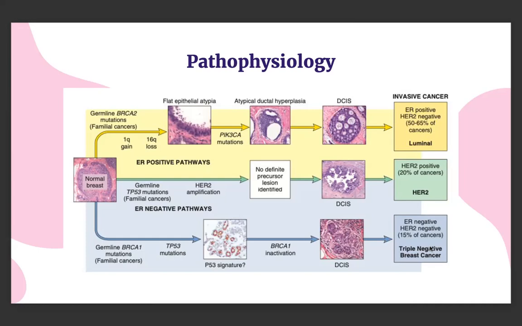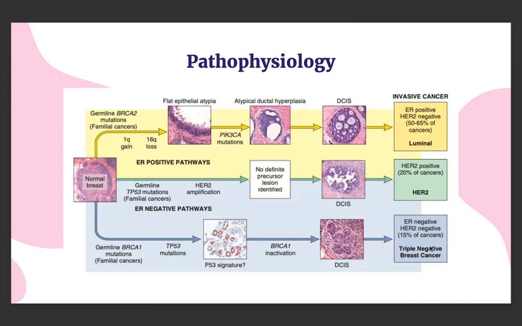On the flip side, if we have an ER positive pathway, we also have an ER negative pathway. This pathway is less common, and it's thought to be attributed to defects in DNA repair and genomic instability associated with BRCA1 mutation, which eventually leads to a triple negative cancer, meaning ER negative and HER2 negative as well.